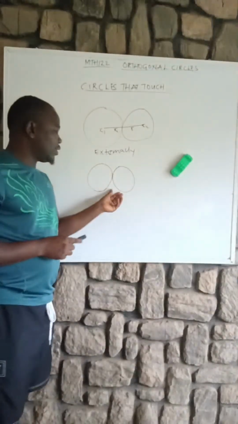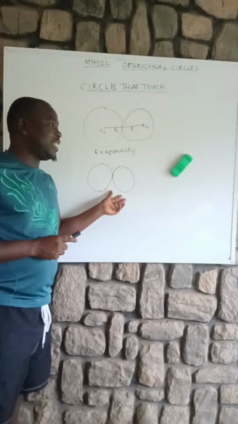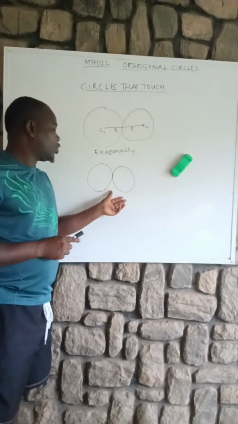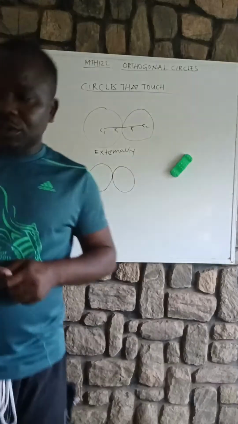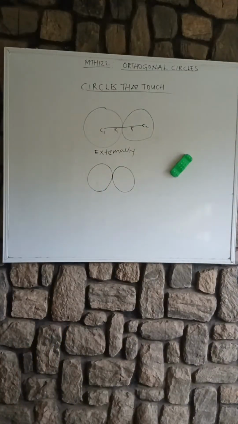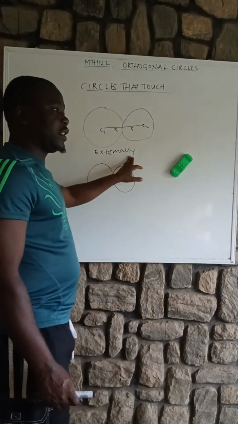So when you are asked, when is a circle said to be externally touched, you can give this. Is that clear? Okay. So these are externally touched circles.